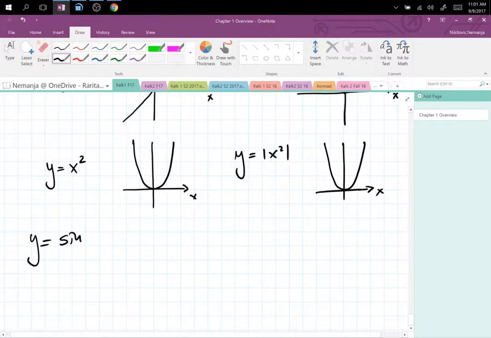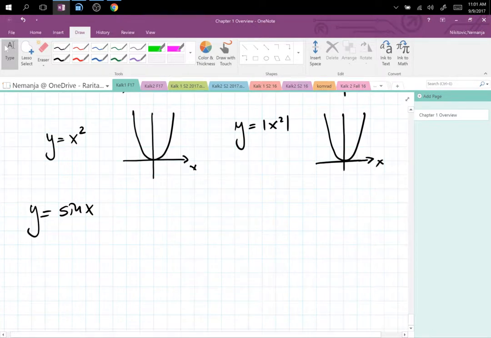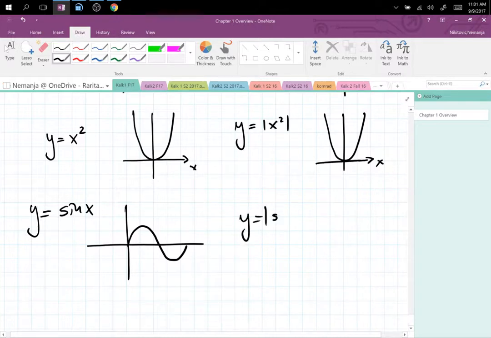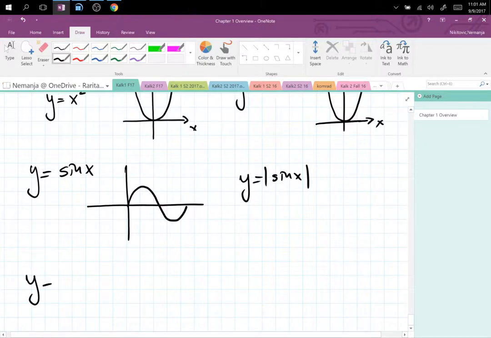Y equal sine x, which we know just the principal period, right, looks like this. So what is the absolute sine x? And then ln x.